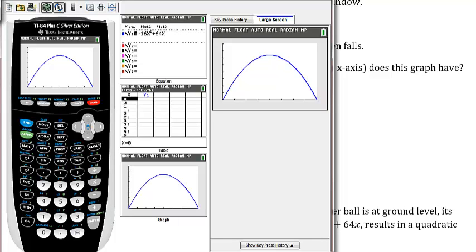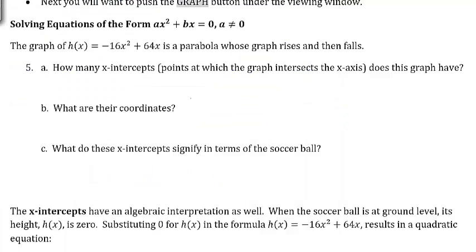So we'll just bring my calculator back up. So here's the x-axis right here. And so notice it crosses right here and right here, so in two places. And so it has two x-intercepts.